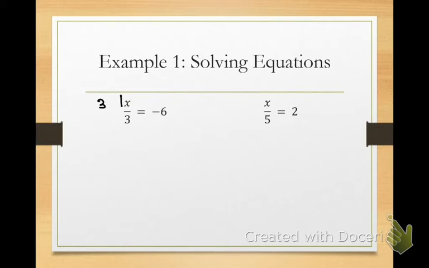I want to flip everything but the variable, because I want the variable to remain on this side. So I flip it and I multiply by 3/1. Now my 3's can cross reduce, so do my 1's, and all I have left is x. But my property of equality says, whatever I do to one side, I must do to the other side.